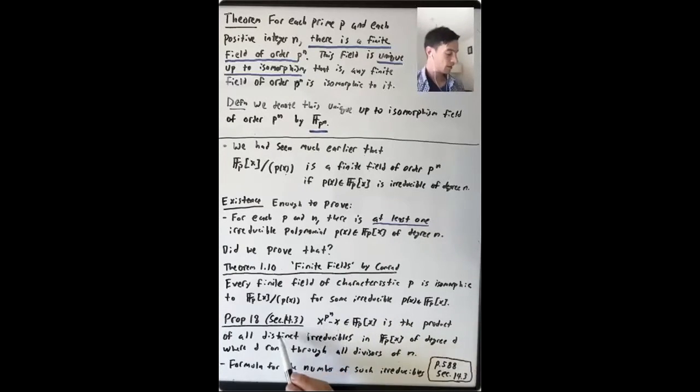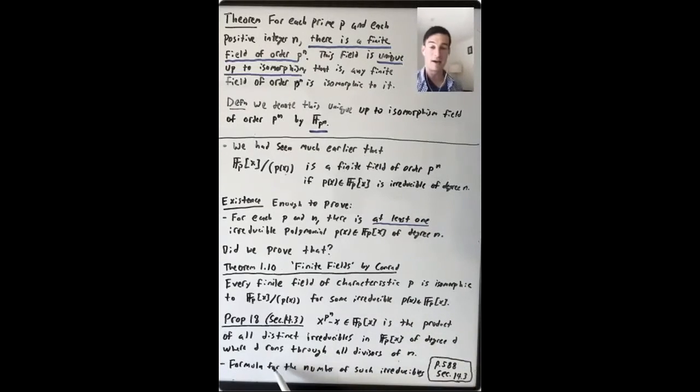So from this proposition, you can count the contribution to the degree p to the n by each of these degrees d, how much comes from the polynomials of degree 1, degree 2, degree 4, and so on.